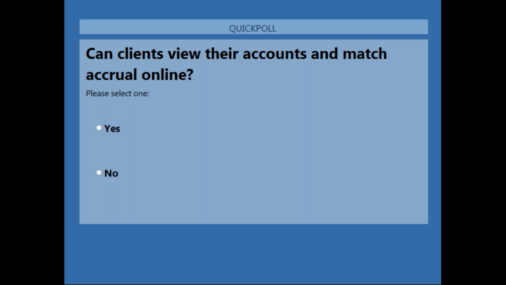Can they view their accounts and match accrual online? And for those of you, when you complete voting, if you do offer this kind of opportunity for folks to see where they are, why don't you tell us the software package that you're using that makes that possible?